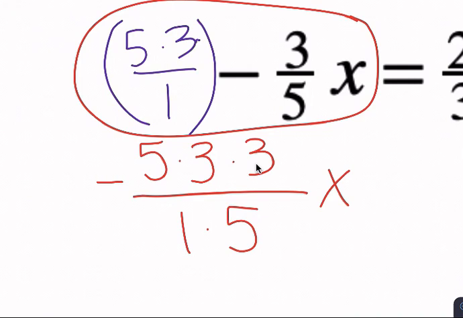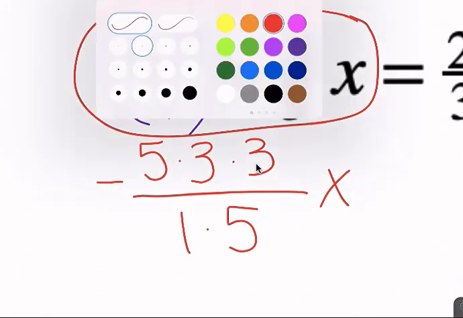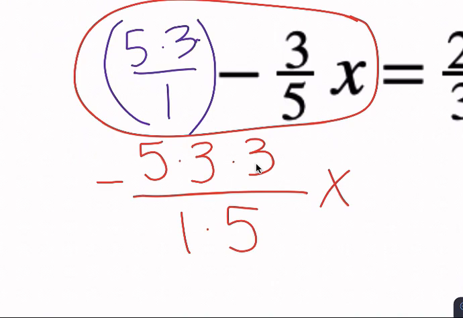So I can look and say, oh, I have a 5 in my denominator and a 5 in the numerator, and 5 over 5 is really just equivalent to 1. So I don't need those 5s anymore. Those are gone because multiplying by 5 and dividing by 5 undo each other.